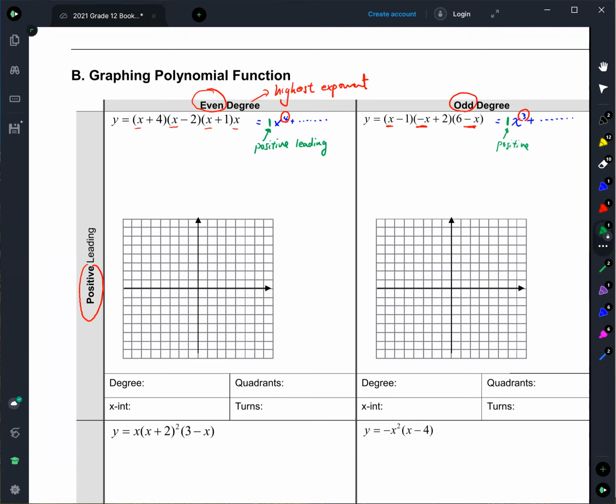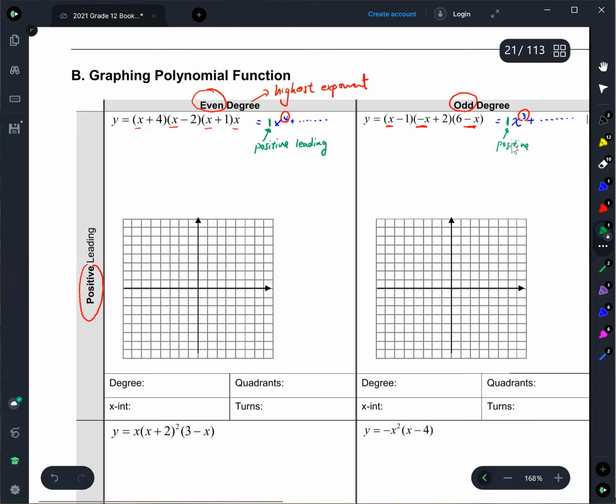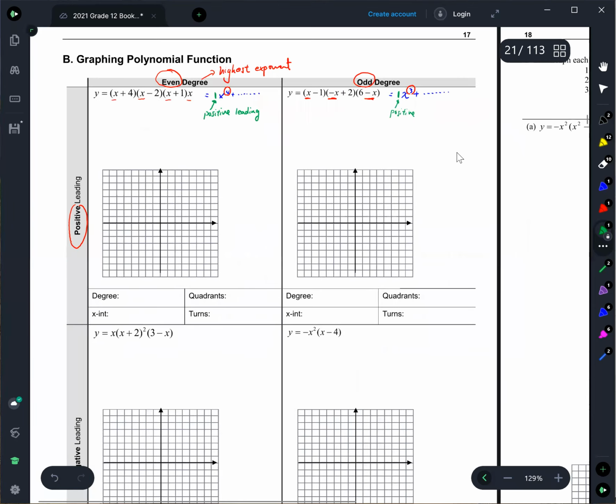No, I'm just... Yeah. Did you understand how to tell positive or negative? Yeah, it's the highest degree. Highest degree is the exponent, but then the positive, negative, you look at the coefficient. Yeah. Okay. So it could be negative, right?